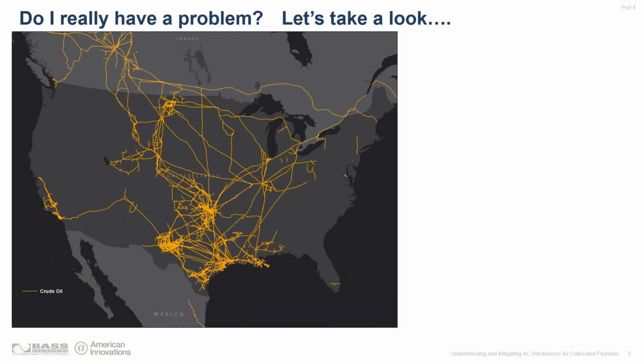A lot of pipelines up around Cushing in Oklahoma. So we're transporting our product from the field to central processing locations for storage and for refineries down on the coast. Not a terribly complex pipeline network, and mostly located out in the Midwest and the West. Alex, next slide.